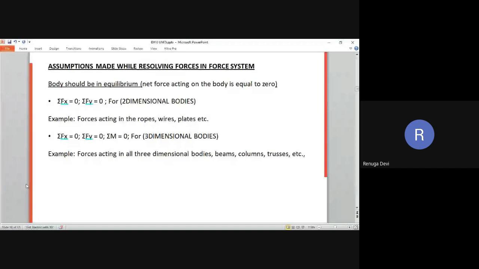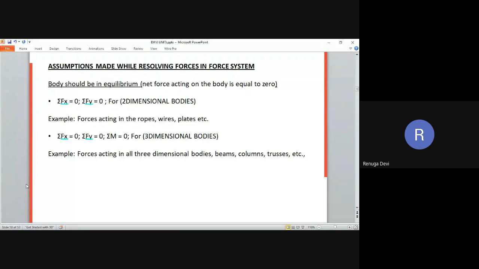That means all the forces acting on the system become a net force equal to 0. That means forces are getting compensated. Suppose I am sitting on the table, my weight acts on the table and the table gives some amount of reaction to the body to withstand in the same condition. So that is called the equilibrium condition.